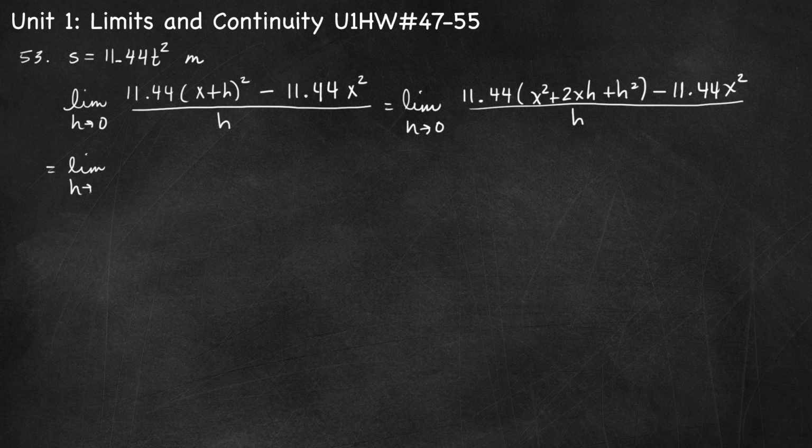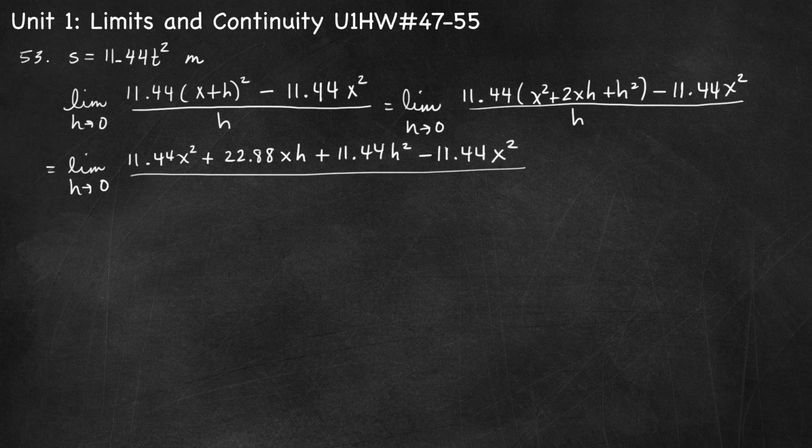Continuing to simplify, I have 11.44 x squared plus 22.88 xh plus 11.44 h squared minus 11.44 x squared, all over h. And we can cancel out the 11.44 x squared minus 11.44 x squared.